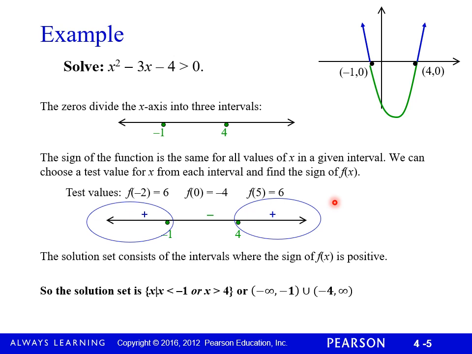So our solution set, in set notation, is described as x such that x is less than -1 or x is greater than 4. Or in interval notation, it's parenthesis -infinity comma -1 parenthesis union 4 comma infinity parenthesis. And you can see those two sections highlighted there with the circles.